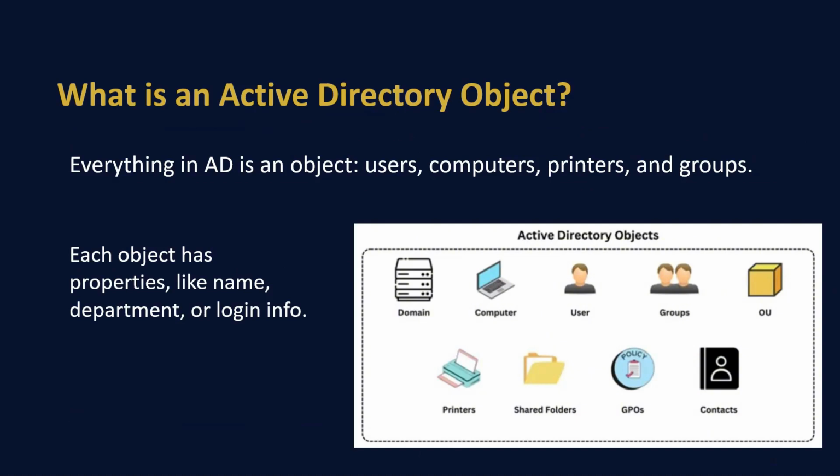For example, a user has a name, a department, and a login. A computer has a hostname and a model. When you're working in Active Directory, most of the time you're really just changing these properties or managing how the objects relate to each other. So now that we understand what Active Directory is and what its building blocks are, the objects, let's move on to how Active Directory organizes and secures everything with organizational units and security groups.